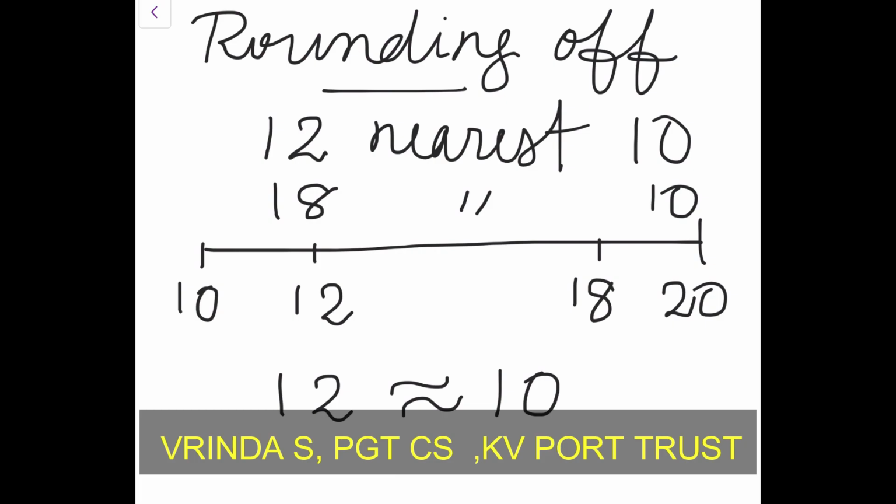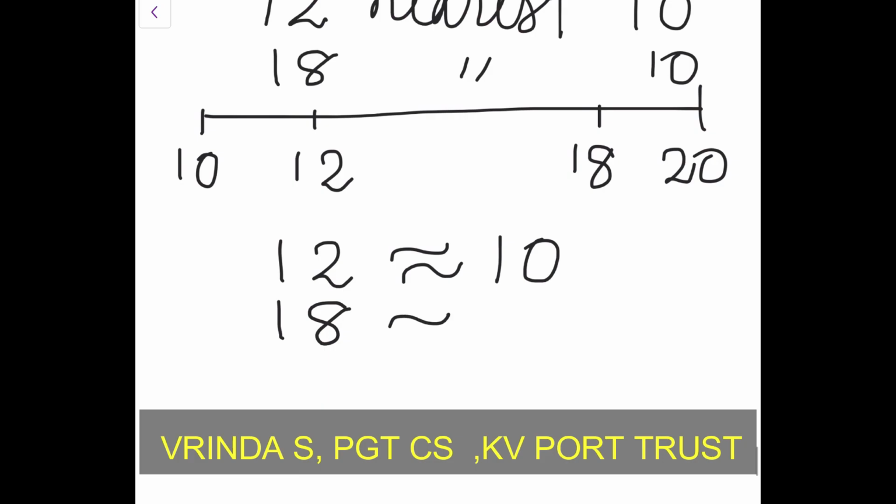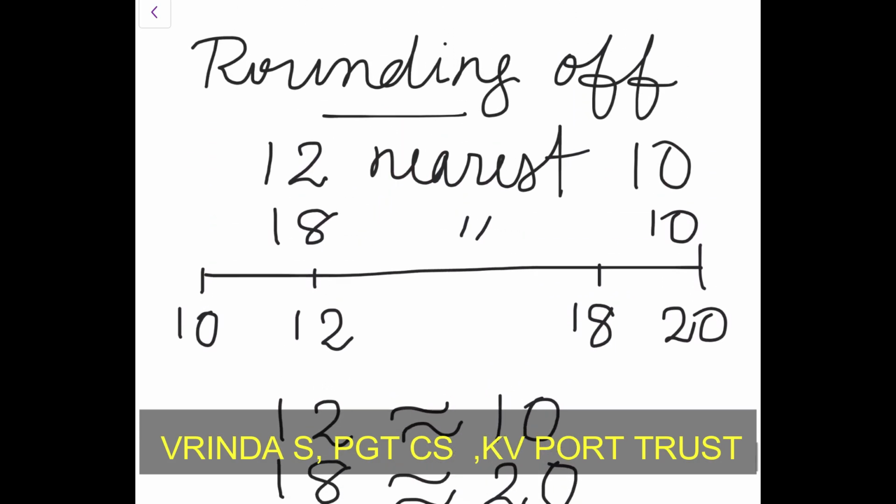So when we round off 18 to the nearest tens, we will say this can be rounded off to 20. Why? Because 18 is more close to 20 than 10. This is how we find the nearest tens by rounding off the number.